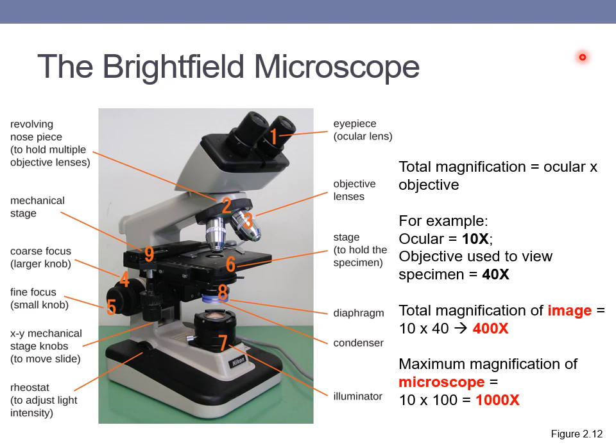So 10x times 100x is 1000x. So for a bright field microscope that has the highest magnifying objective of 100x, the total magnification or highest magnification of a bright field microscope would be 1000x.